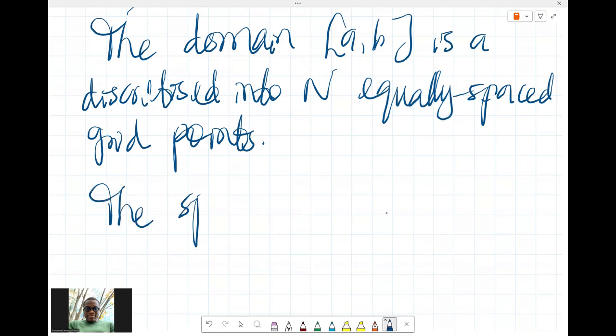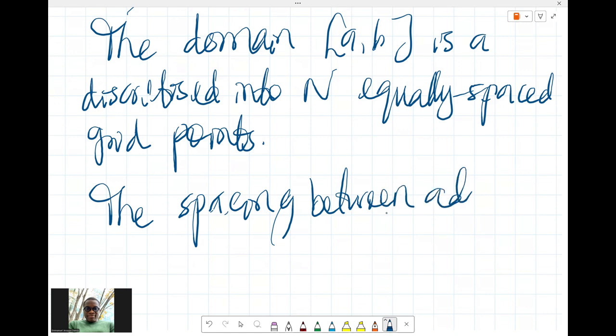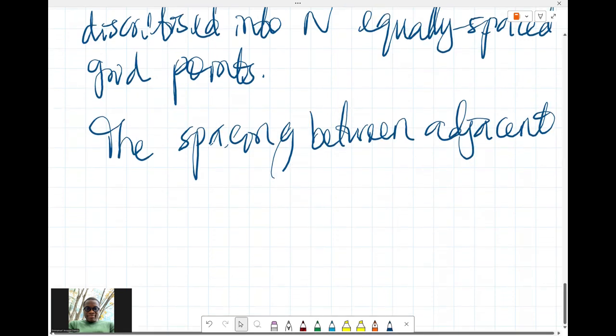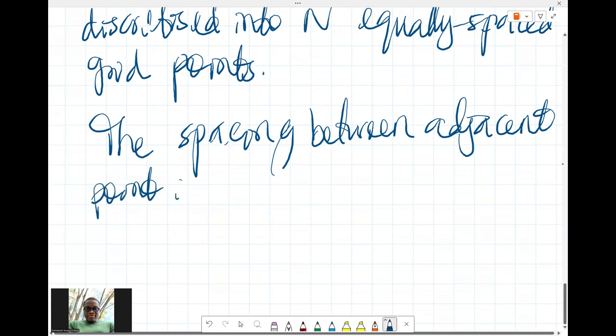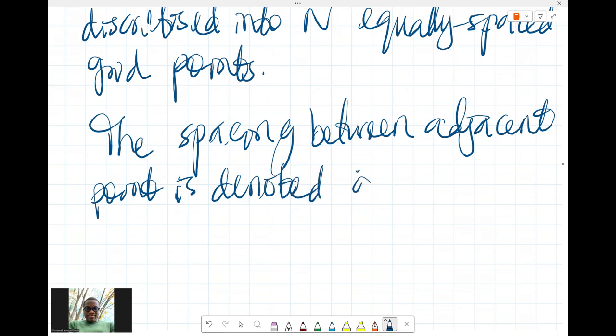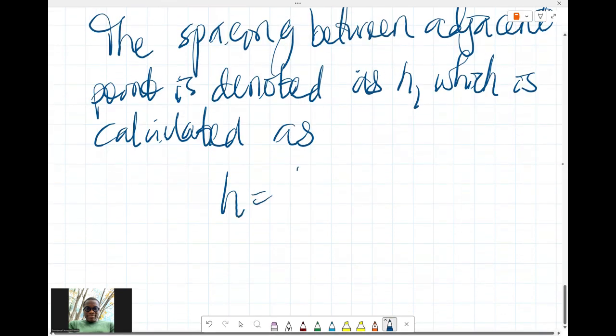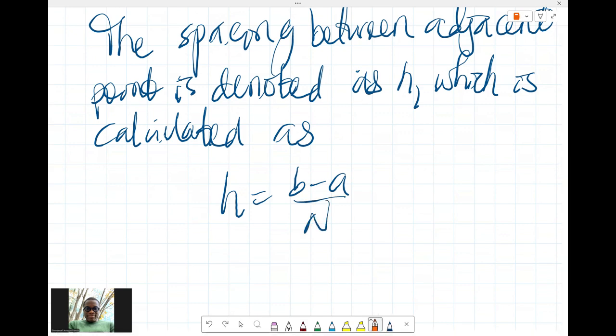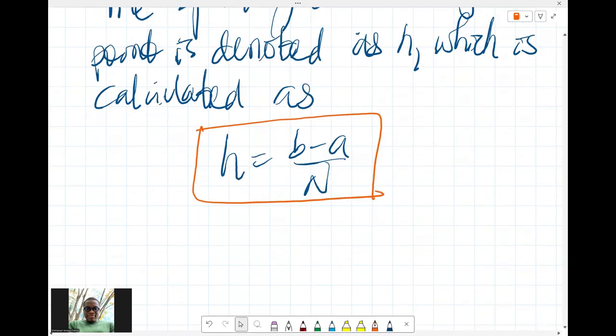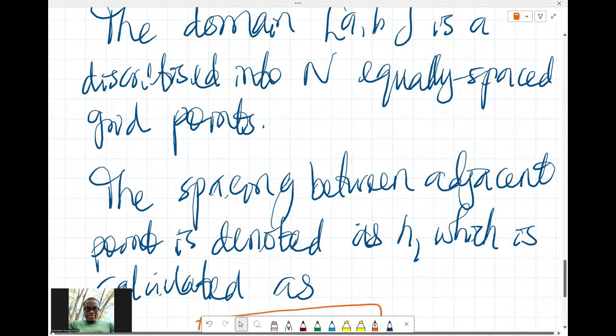The spacing between adjacent points is denoted as h, which is calculated as h equals b minus a divided by n. So that's how the discretization starts. That's the first thing under the discretization.